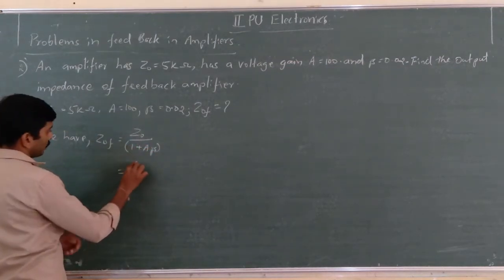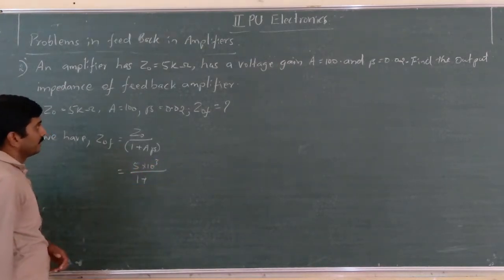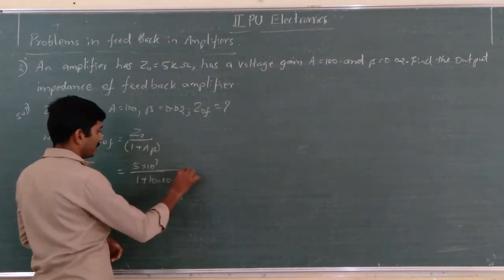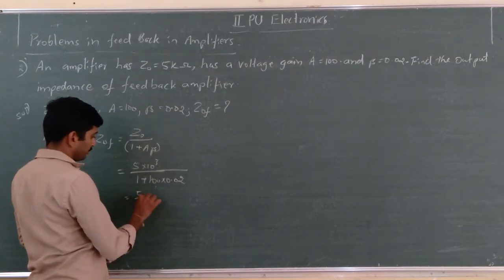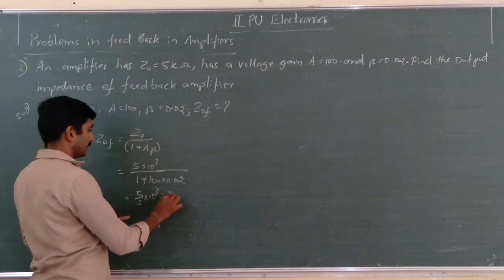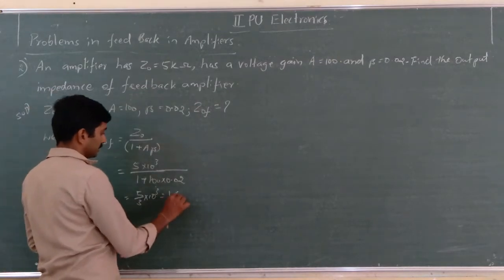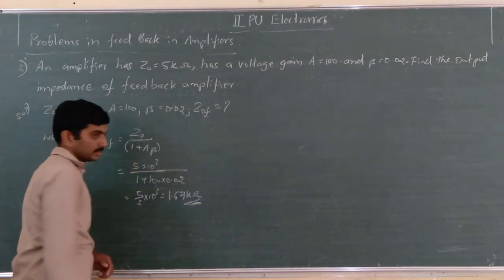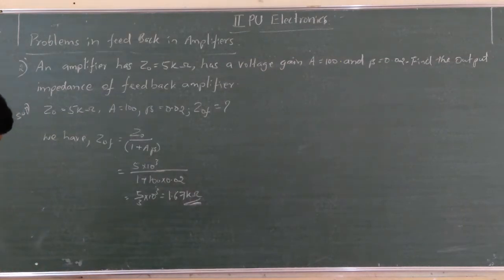Z naught is 5 kilo ohm divided by (1 plus 100 into 0.02), which is 2 plus 1, 3. So 5 by 3 kilo ohm, equal to 1.67 kilo ohm. This is the answer, very simple.